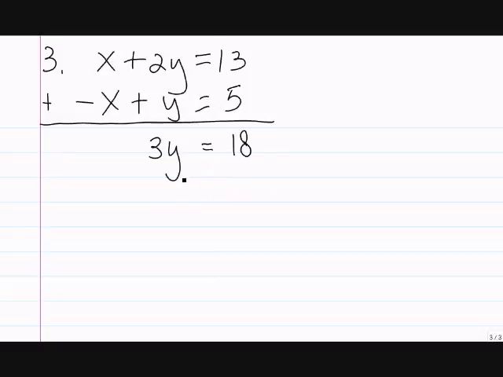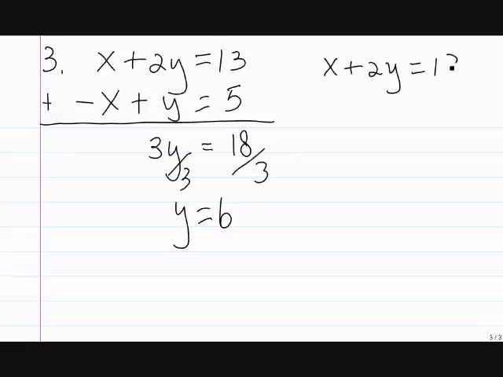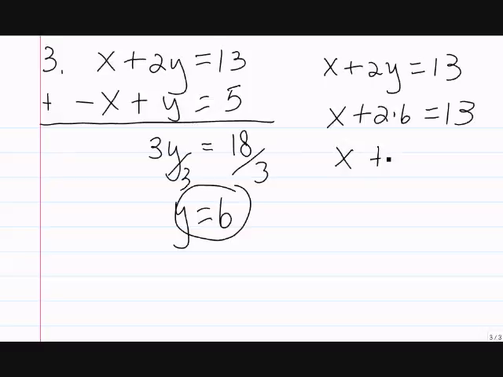Divide by 3, and y is 6. Okay, now let's get x. So x plus 2y is equal to 13, and y is now 6. So x plus 2 times 6 is 13. So x plus 12 is 13. What number plus 12 is 13? 1 plus 12 is 13, yes.